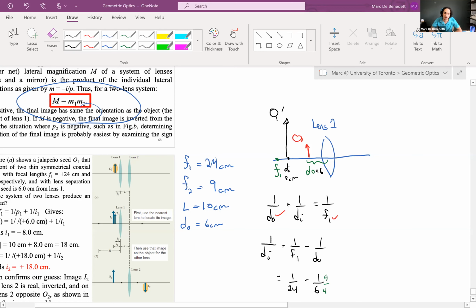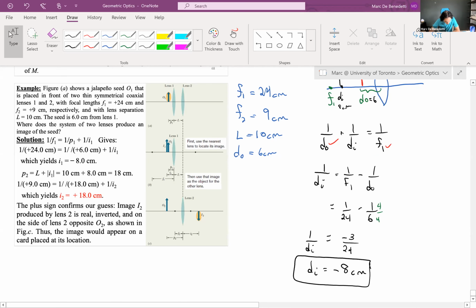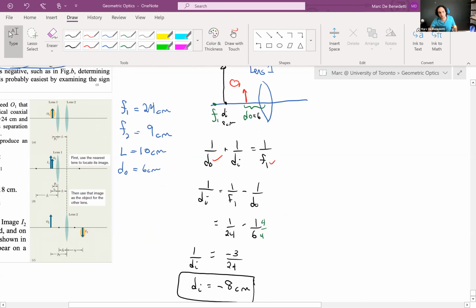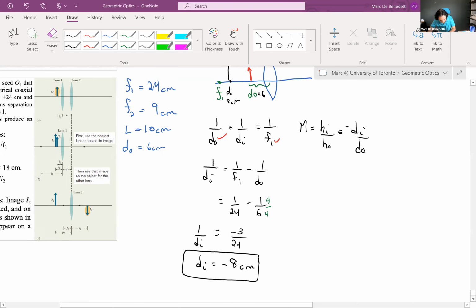Now, if you wanted to, you could calculate its height as well with the magnification equation. I don't think they're actually asking for that, but let's double check. Where does the system of the two lenses produce the image of the seed? So they're just looking for location, not magnification. However, just for enriching purposes, the magnification is equal to hi over ho, which is -di over do. Do we have the height of the seed?